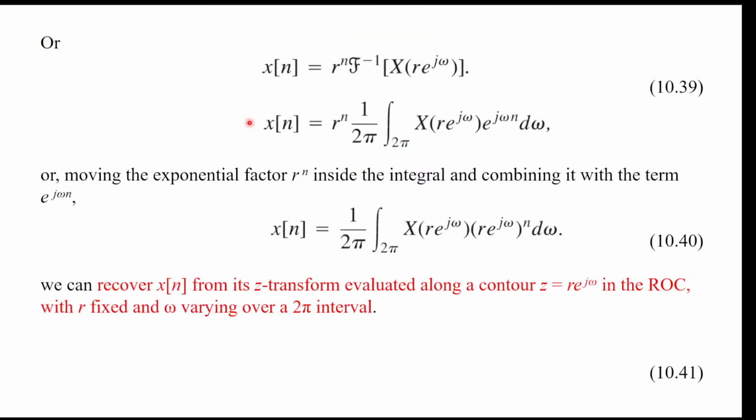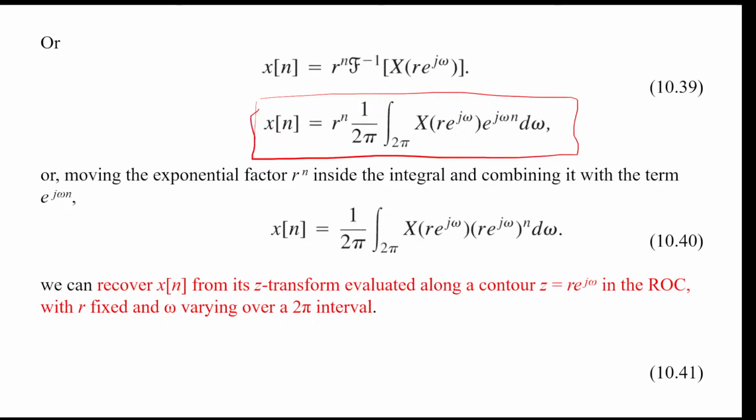This is a very well-defined integration, basically the same as the inverse Fourier transform integration you can do in chapter 5. This is an integration over dω of some periodic function of omega, and you can pick your favorite 2π interval to do this integration. So if we fix some r inside the ROC, then this is the integration you can do.